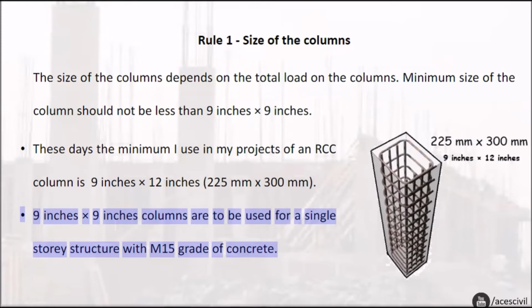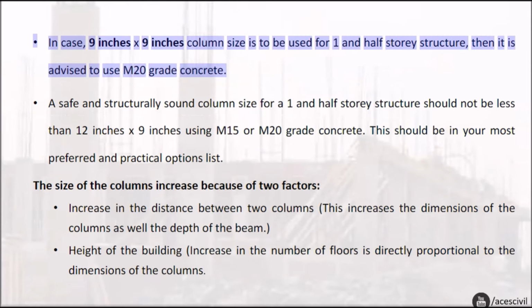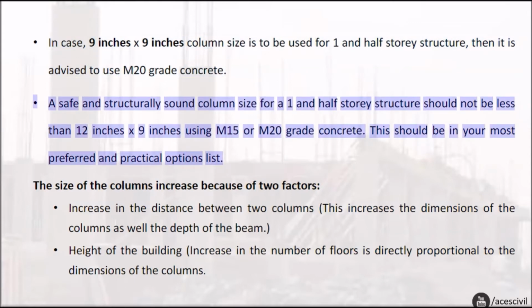9 inches times 9 inches columns are to be used for a single-story structure with M15 grade of concrete. In case a 9 inches x 9 inches column size is to be used for a 1.5-story structure, then it is advised to use M20 grade concrete.